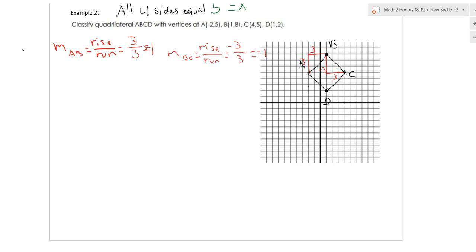So that's -1. The slope of CD, rise over run. So from C to D, I'm going down 3, and then left 3, and left is negative.